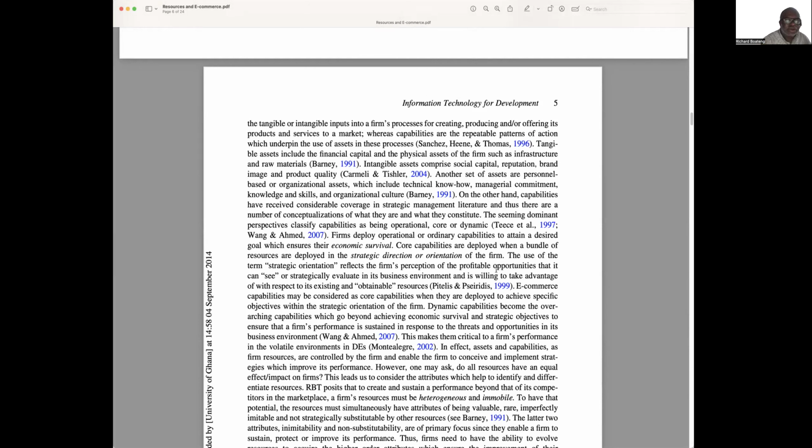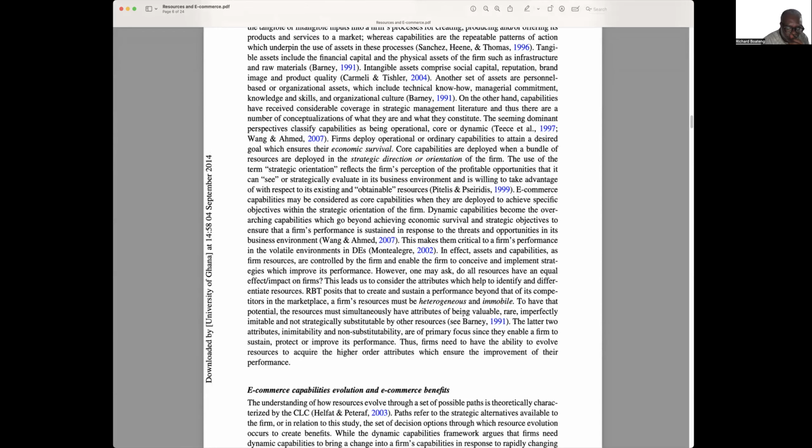And firms may accept different opportunities in the market and take advantage of them, and hence they use their resources. But for the resources to be able to do so, the resources should also have certain characteristics. They should be heterogeneous and immobile. We'll be looking at these later. And for them to be heterogeneous and immobile, they should be valuable, rare, imperfectly inimitable, and not strategically substitutable by other resources.